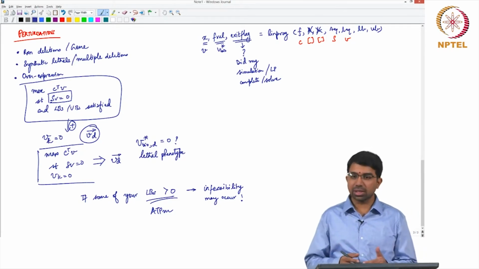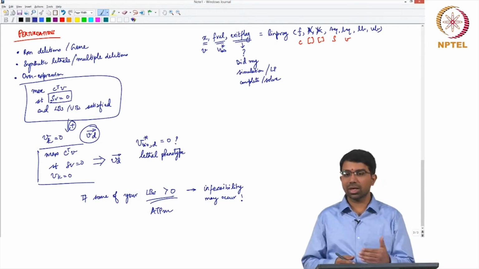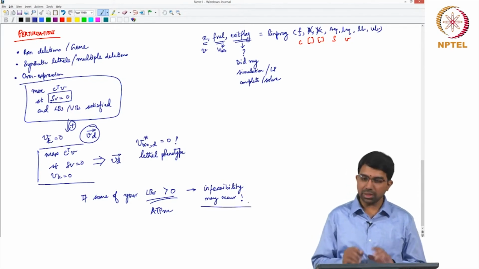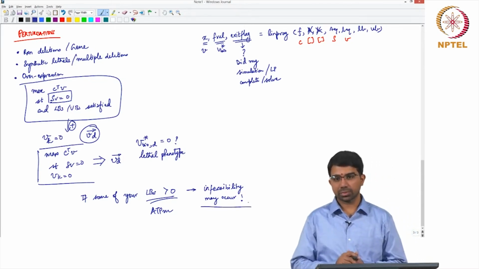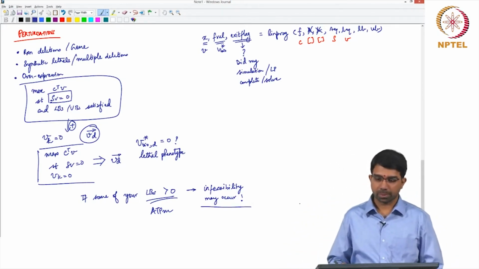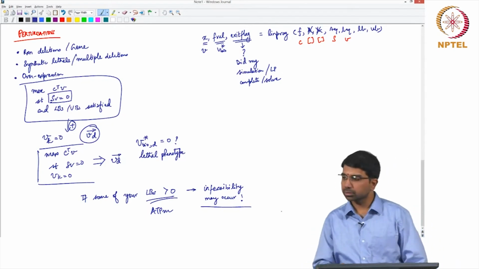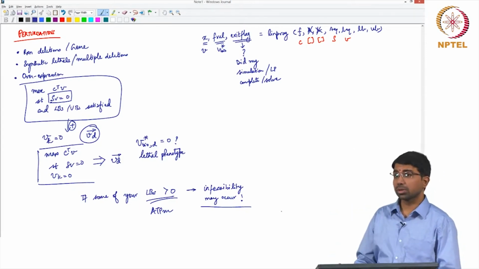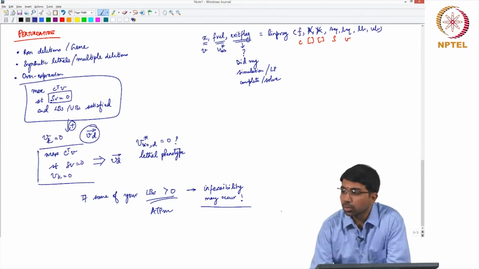Whereas, in this case alone you may have infeasibility which will lead you to conclude that clearly I could not make enough ATP that was required for survival. So, I have an infeasibility, hence lethal phenotype. So, this is something to remember. If the ATP maintenance is not being met, then automatically biomass will be 0.